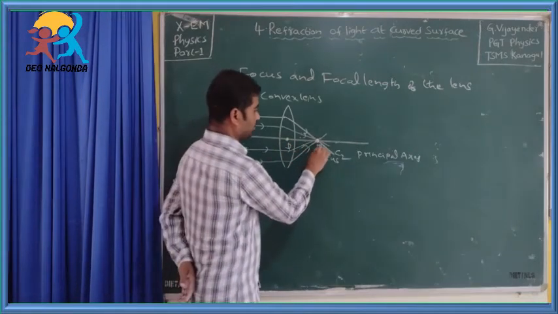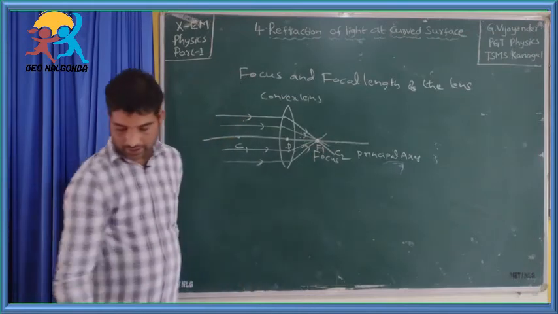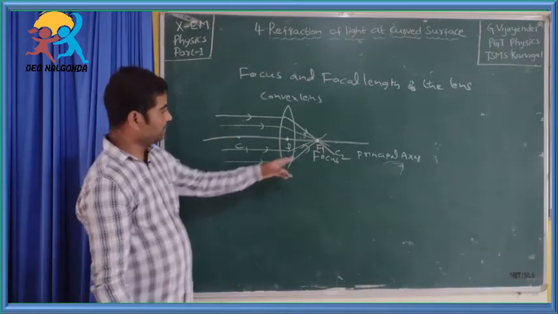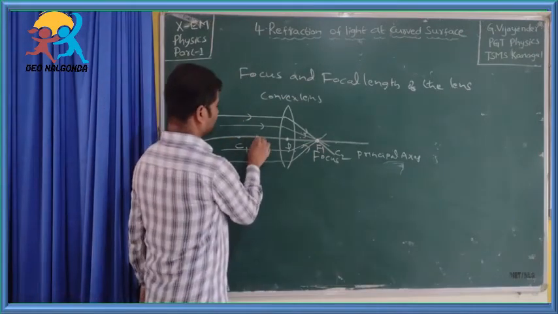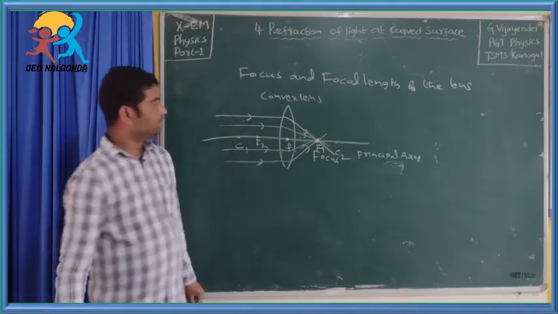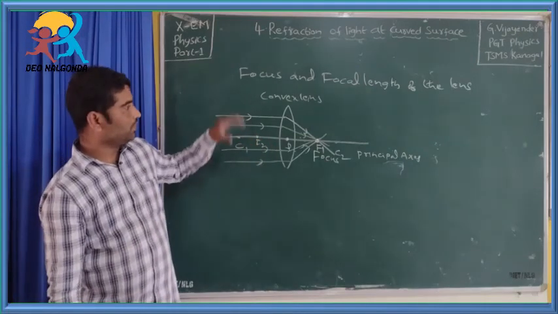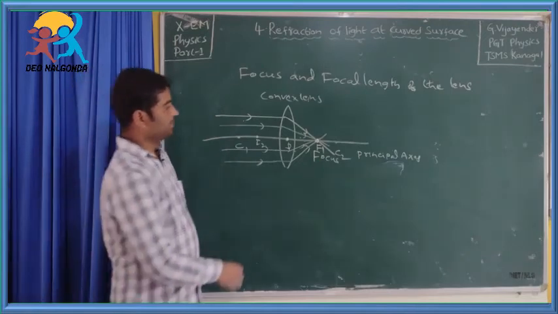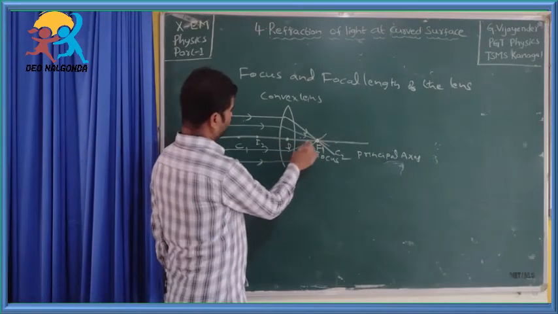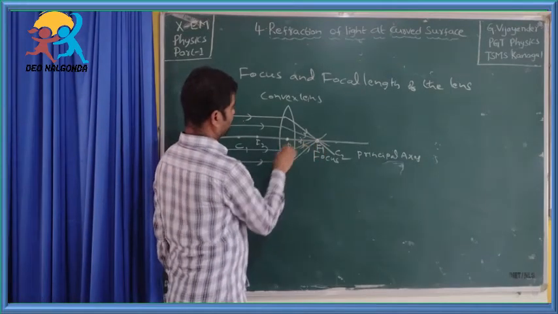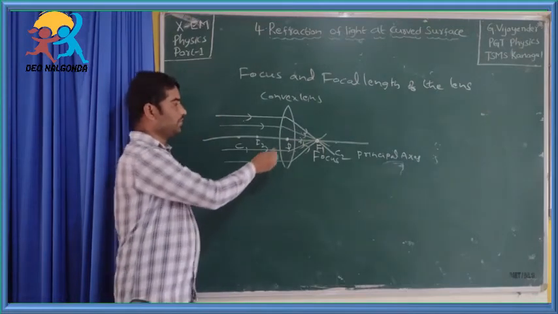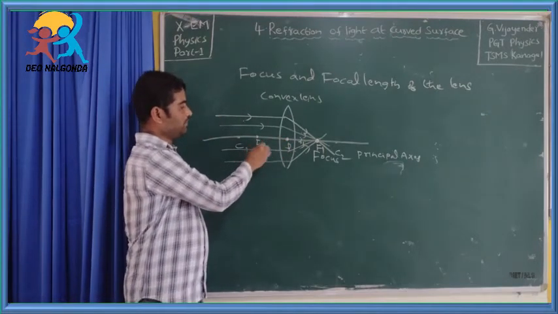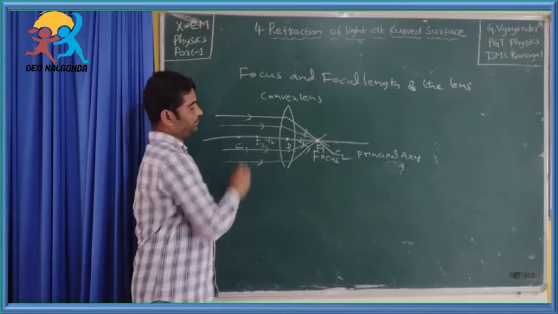This focus is denoted F1. On the right side we also have another focus, F2. The distance between the optic center and focus F1 is called focal length f1, and between the optic center and F2 is focal length f2.